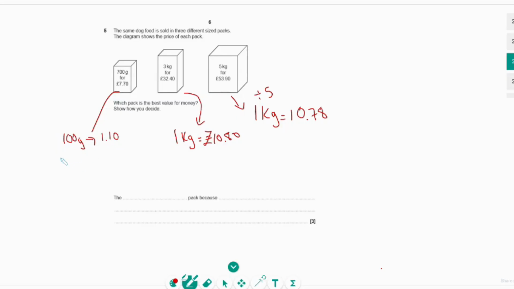And I'm going to times it by 10 to get 1,000 grams, which is equal to 1 kilogram. So it is the 5 kilogram.